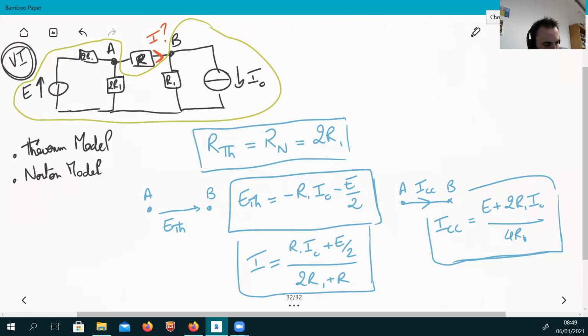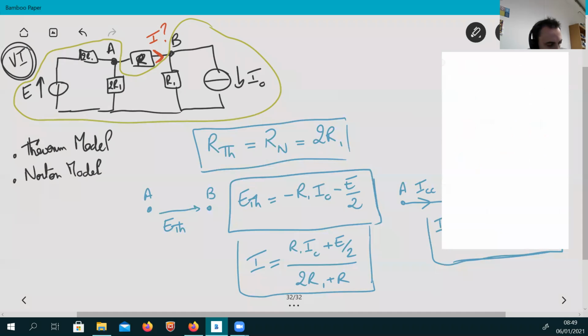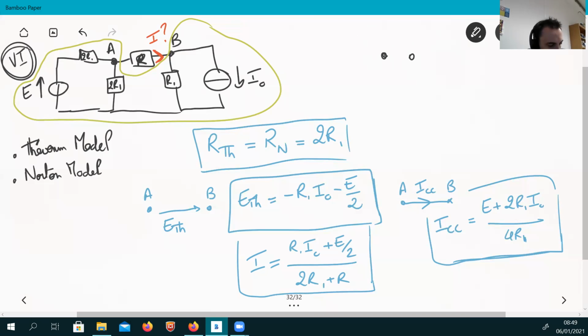It's applying exactly the protocol I gave you. So I take the load out here and turn off the sources, and you end up with this.